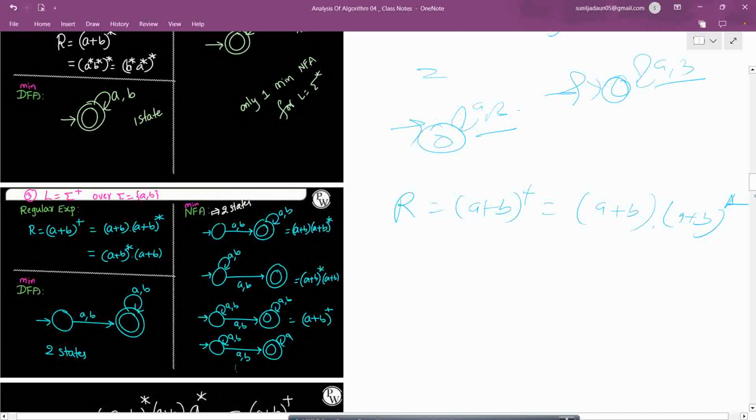But we have to receive the a comma b case, no? So how to get that? F is a comma b, then a comma b. This is also the case, we can do that also, and this is a plus b plus.